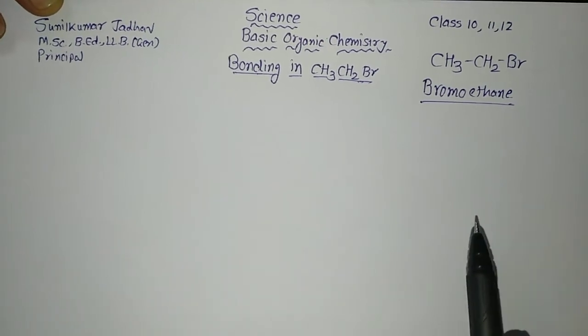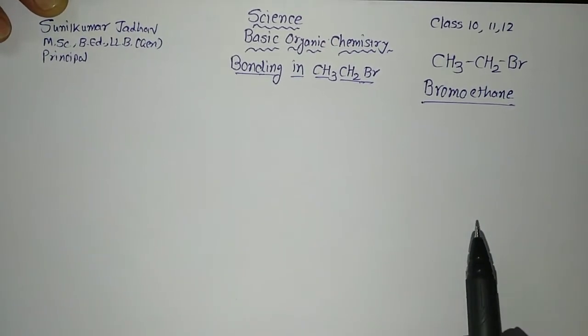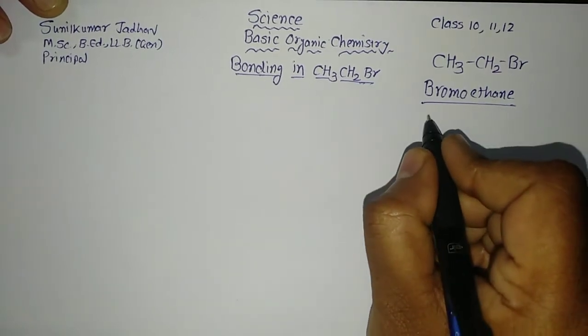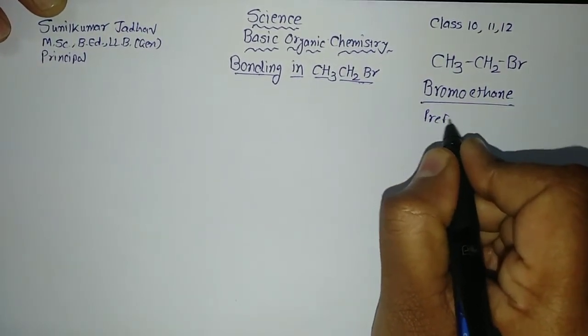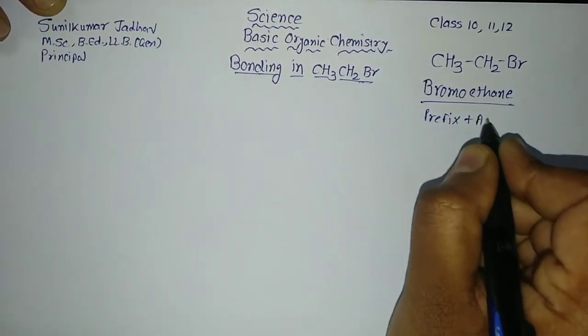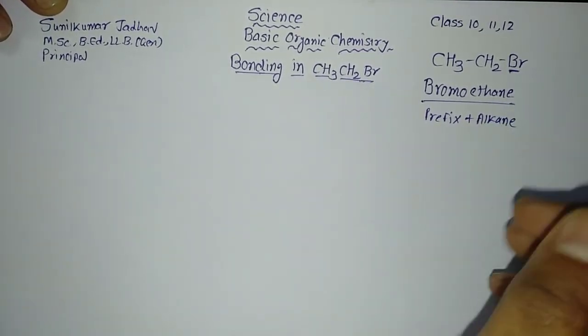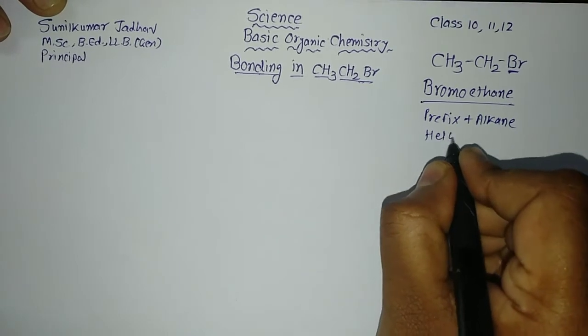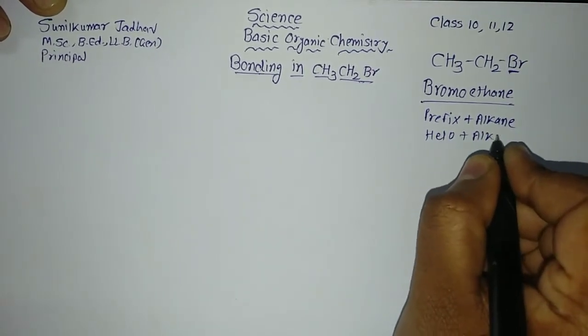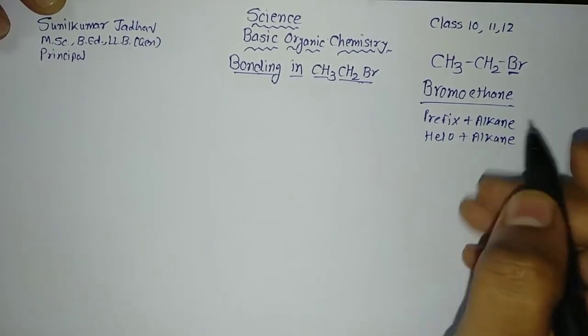While we are writing its IUPAC name, as I have shown, the rule while writing the name for any halogen compound is that first of all we write the prefix and then we write the name of the alkane. Here which prefix is there? It is bromo. Bromo means what? Halogen group. So it is halo plus alkane. IUPAC name I am writing.